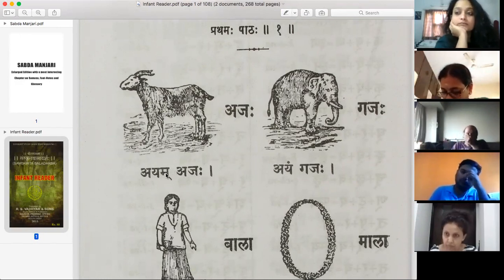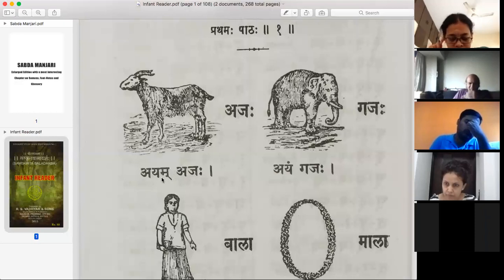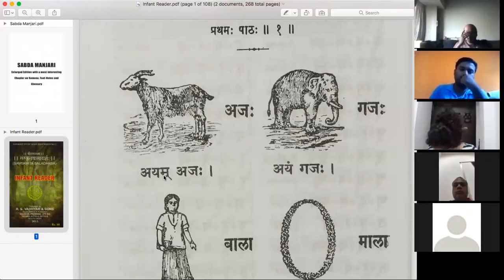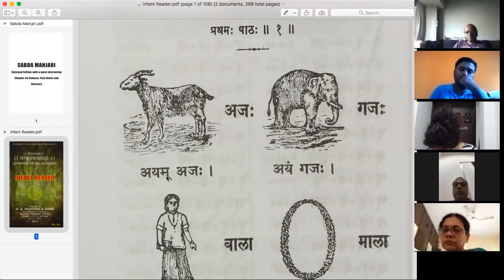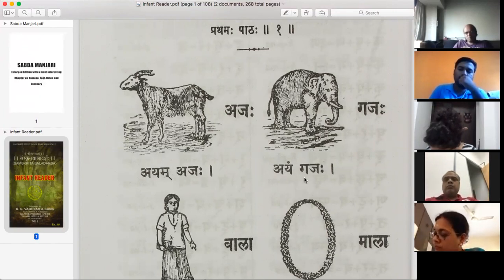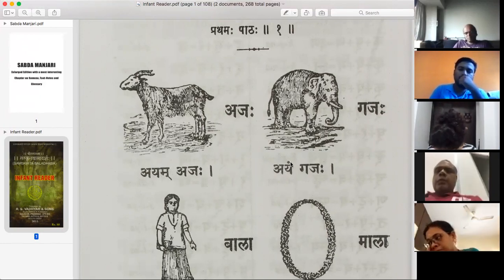When a vowel follows this consonant, a makara, then the ma is written explicitly. But when a consonant follows the makara, here also it is ma, but when a consonant follows, it is written as a dot. So that's a rule for writing.